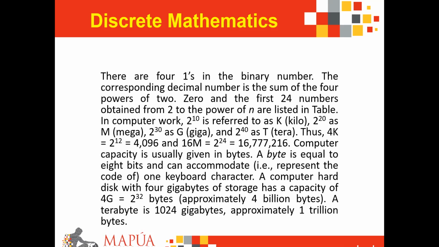There are 4 ones in a binary number. The corresponding decimal number with the sum of 4 ones is equivalent to a decimal value of 16.